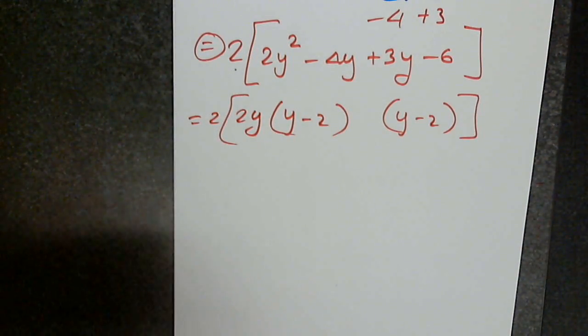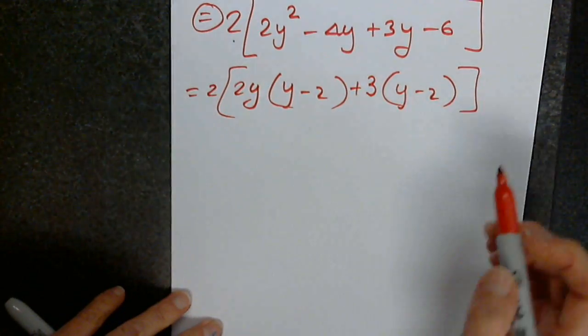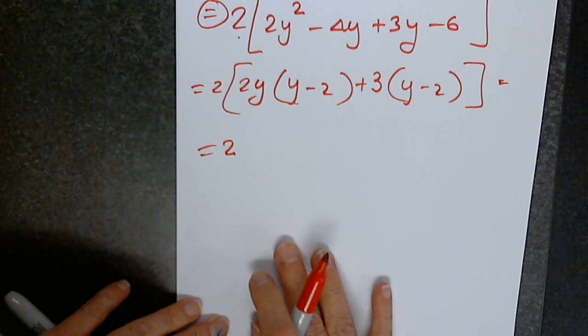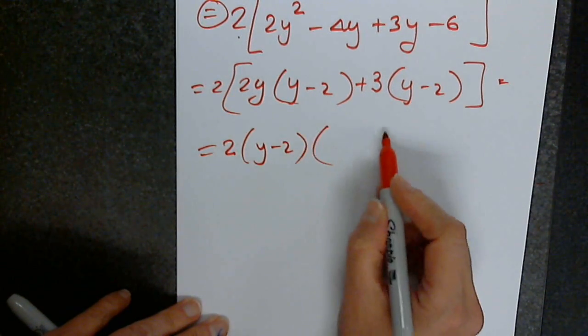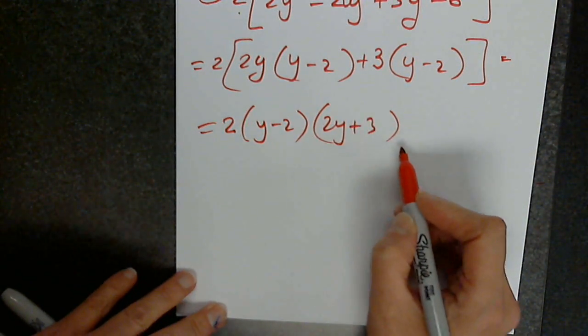So then, yes? Do you all agree with plus 3? So then 2 is out. Now what is the common factor that will come out? y minus 2. And what is left in parentheses? 2y plus 3.